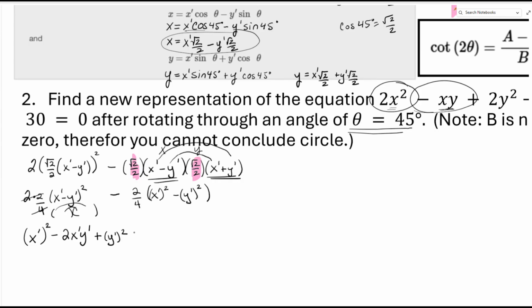This can be simplified. So I'm just cleaning up this piece now, minus 1/2 x prime squared, right? I got a parenthesis here, so I'm distributing that minus sign also, right?